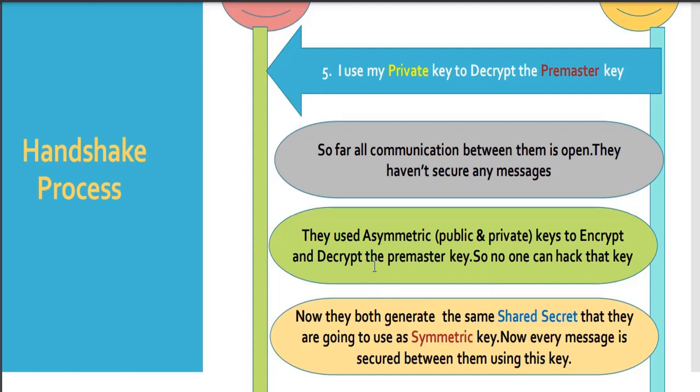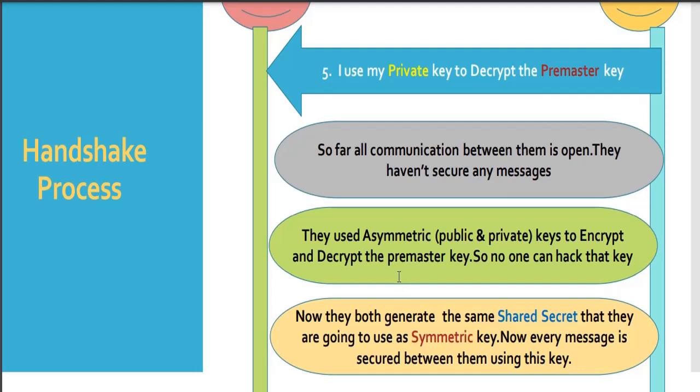Now they can use that pre-master key, or shared secret key, to secure the communication between the sender and receiver. They won't use the private key and public key now because that is very slow, as we discussed earlier. The symmetric key algorithm is the fast one. Symmetric encryption is the fast one. So they can use that pre-master key because they both have the same copy and no one else in the world has it.